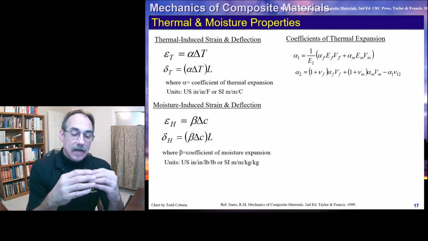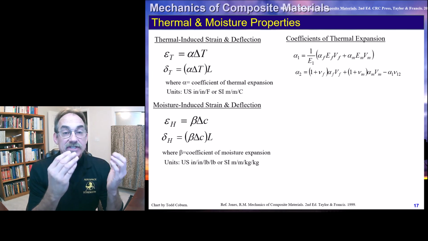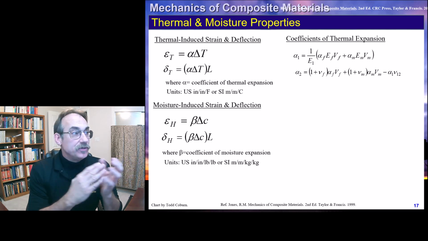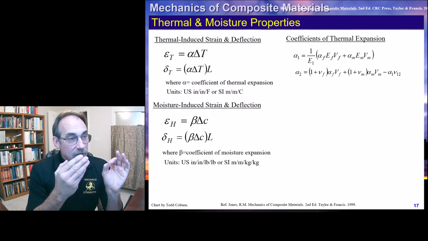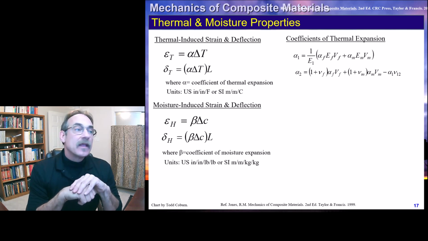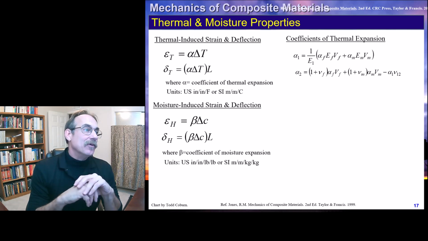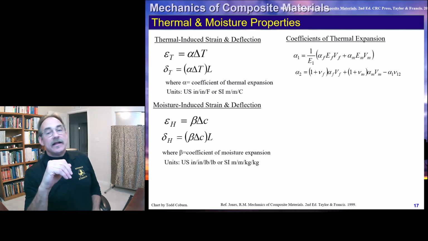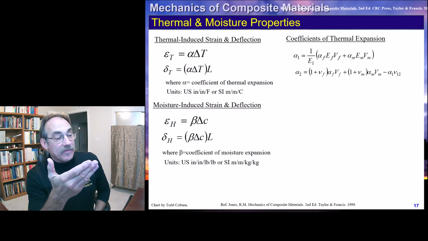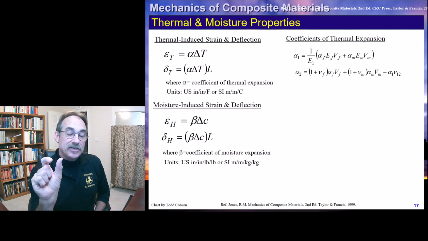Actually, when we have something that does absorb moisture, we can approximate the behavior in the same manner we did for thermal loads. And we introduce the coefficient of moisture expansion. Beta is what we use there, in inches per inch per pound per pound. And the deflection then is just that strain times the original dimension.